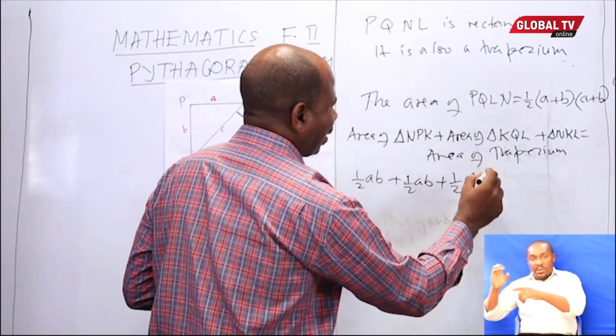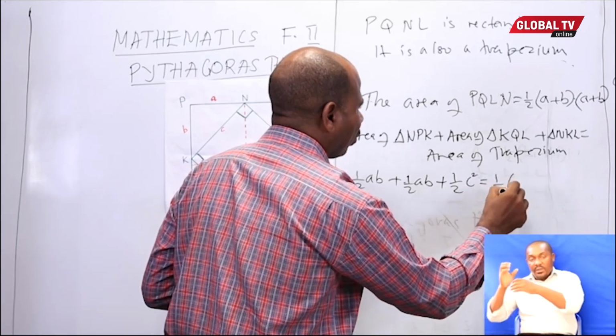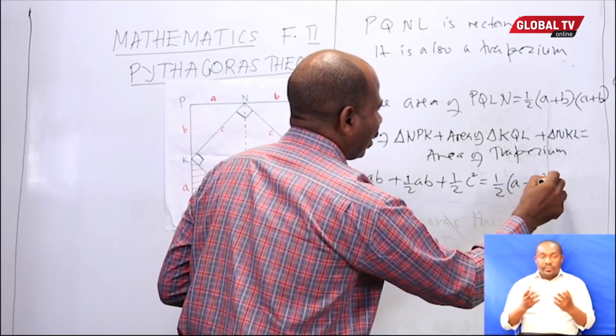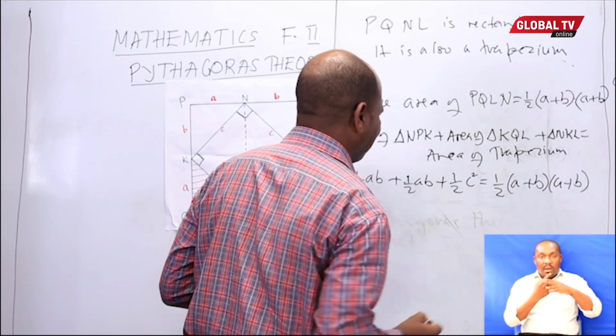And the area of the trapezium is still half into A plus B into A plus B.